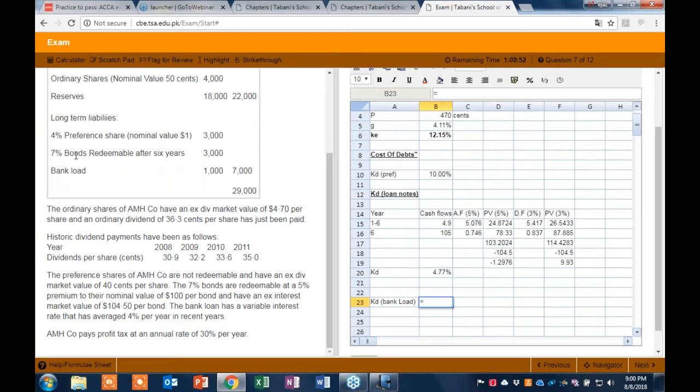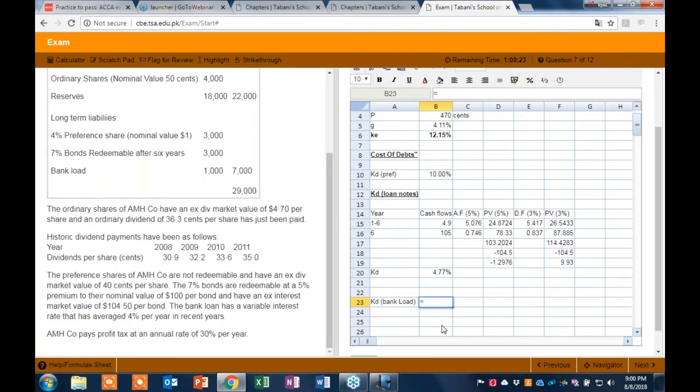Just pick up the interest rate, which is here we go. It says it has a 4% interest rate. So we'll just pick the 4%, 0.04. And we'll just make it after tax. Simple. 0.7, we'll just take 70% of it.